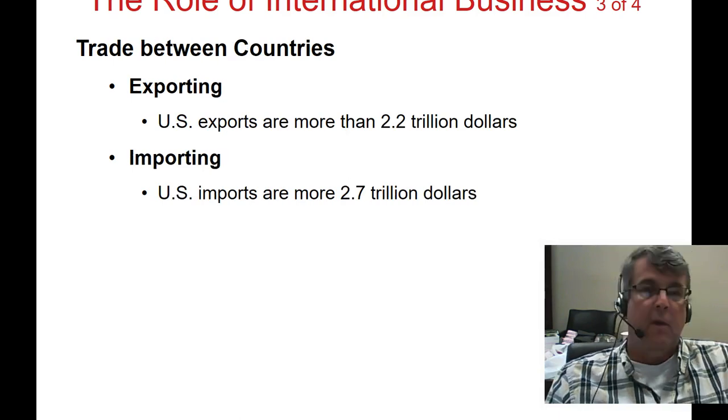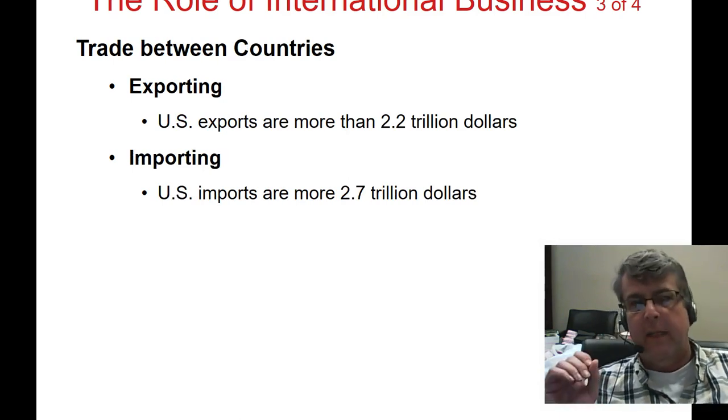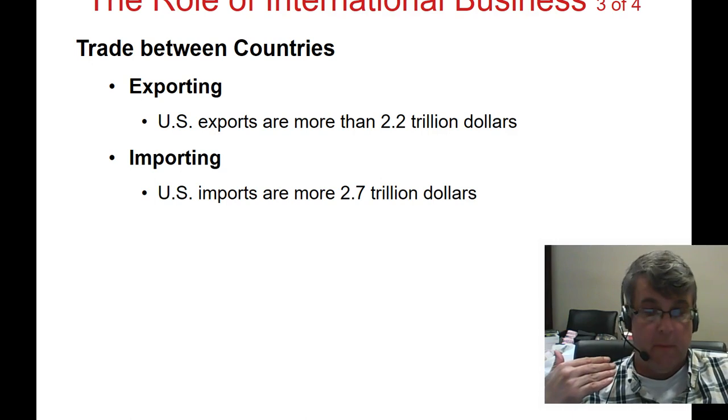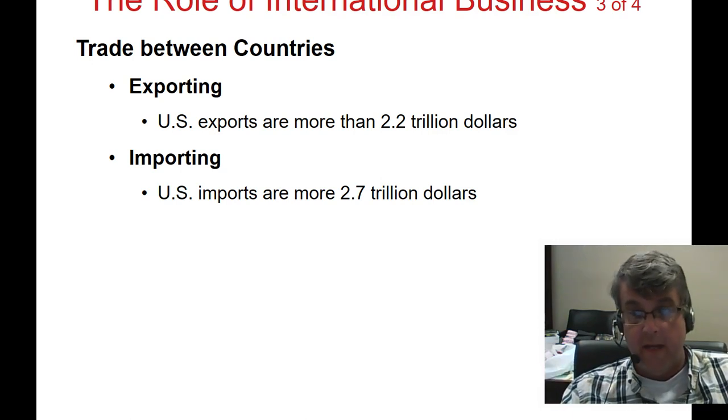Trade between two countries: the country selling goods to another country is the exporter. The country buying goods from another country is what we call the importer. Okay? So the US produces a Boeing 777 and sells it to an airline in China.